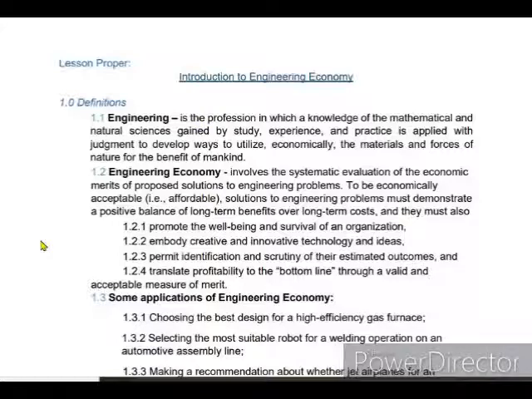Next, 1.2 Engineering Economy. So it involves the systematic evaluation of the economic merits of proposed solution to engineering problems. So in engineering economy, we're not just proposing solution. Okay, we are studying it in a systematic manner.